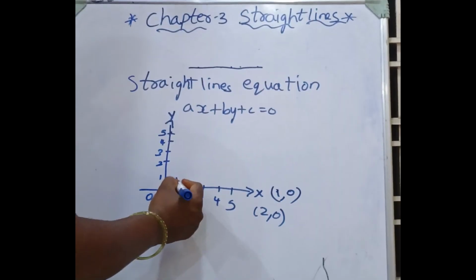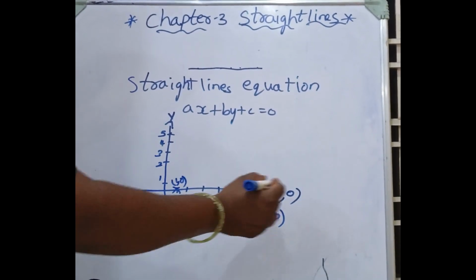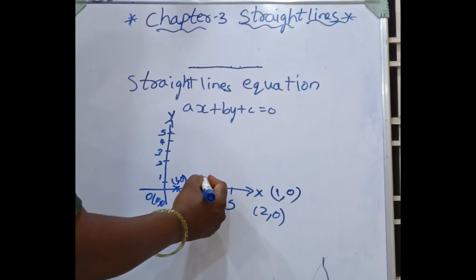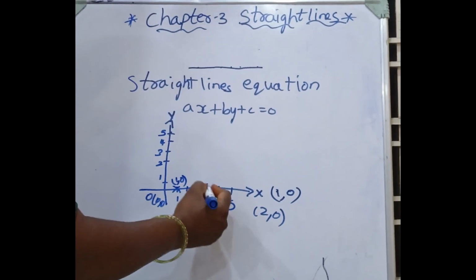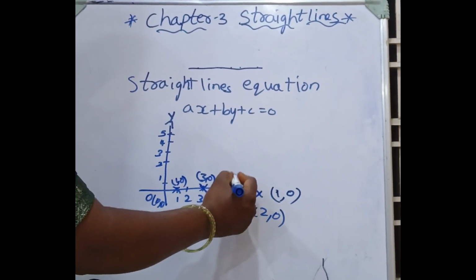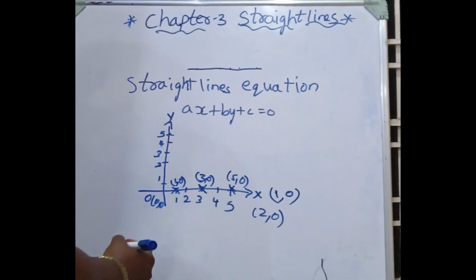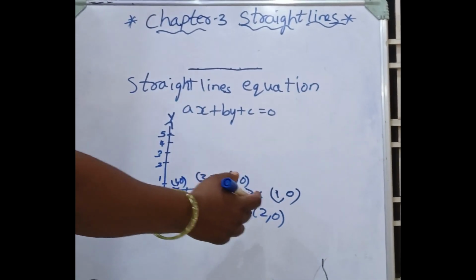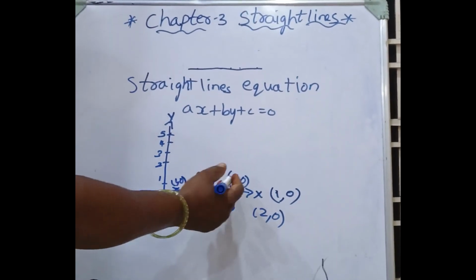We consider 1 comma 0. The y value should be 0. Next, let us take 3 comma 0 and 5 comma 0. Here the y-axis value is 0 and x is some value.